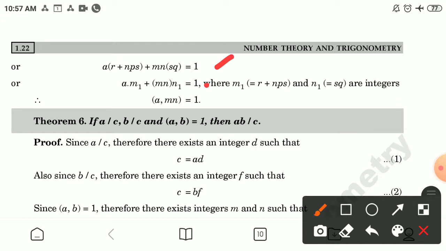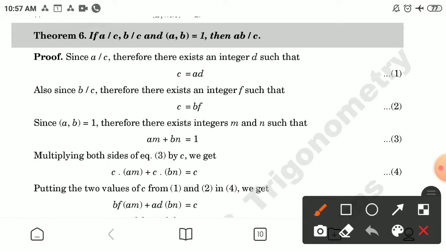Or we can say A·M1 plus MN·N1 equals 1, where M1 is equal to R plus NPS, and N1 is equal to SQ are integers, and therefore greatest common divisor of A and MN becomes equal to 1.